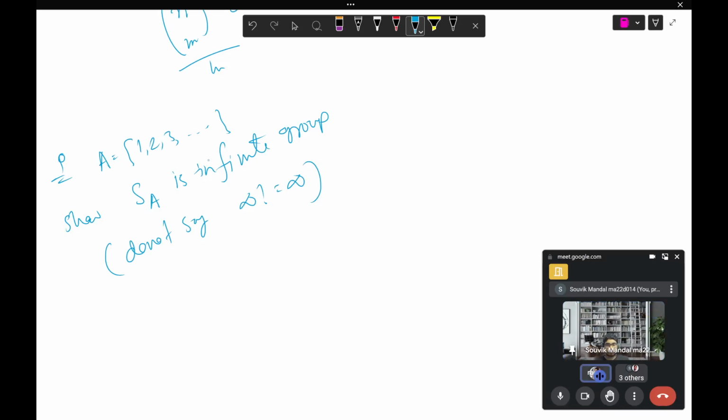For every given number, we can form a cycle of that length. I mean, we can form a map. How will you construct such elements?